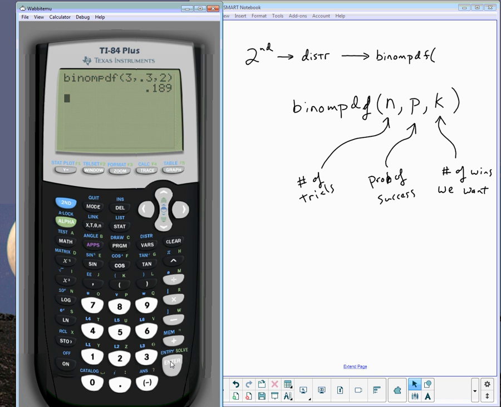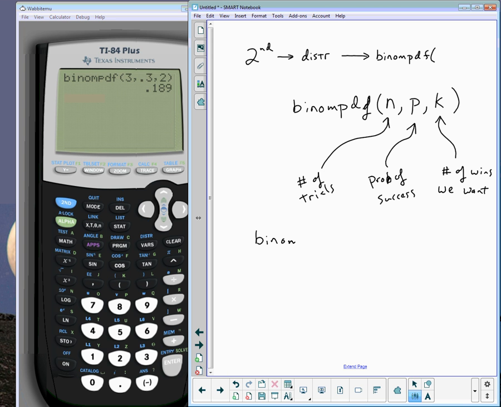And we get the same answer. So 3 trials. 0.3 was my odds, and I had 2 successes. Okay? That's how you would plug it into the calculator. All right.